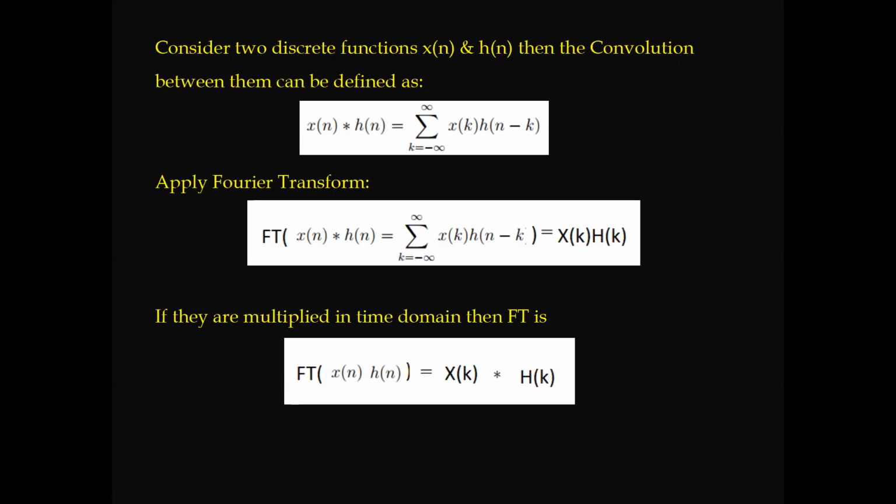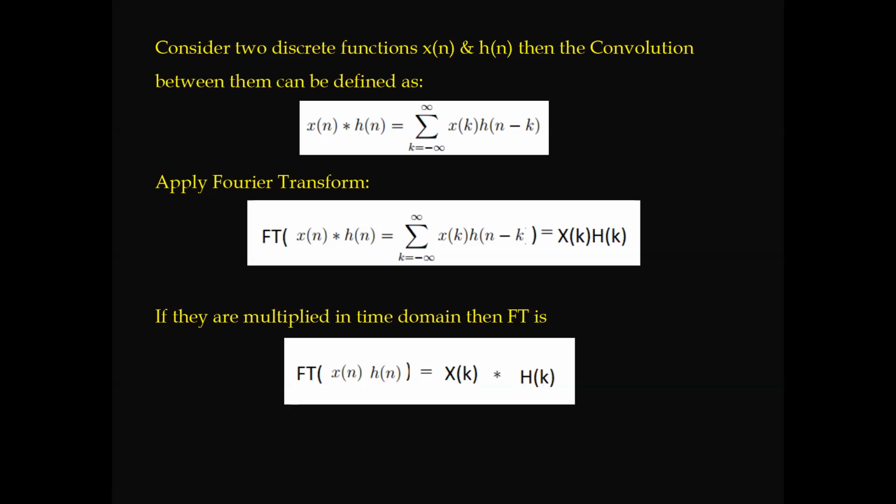If they are multiplied in the time domain, then the Fourier transform is x of n into h of n, which is equal to x of k star h of k. That means we are just applying the convolution for the discrete case also.